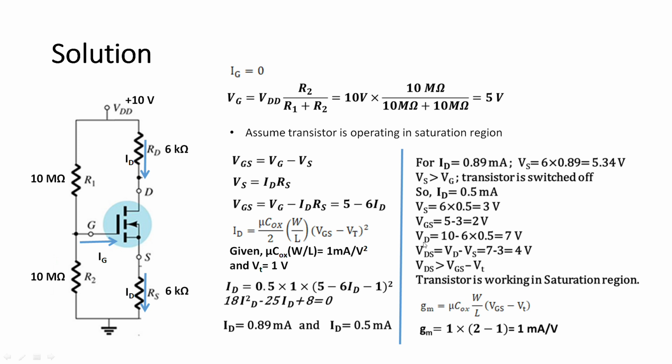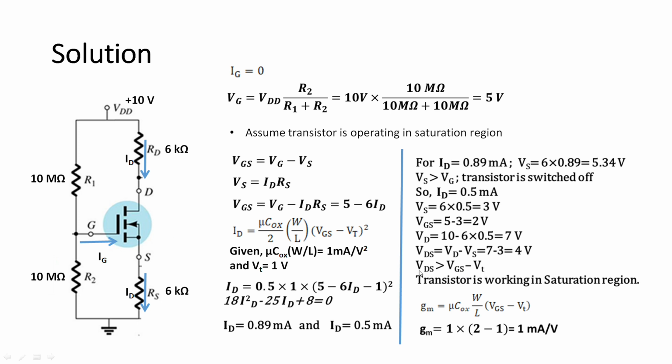Drain potential Vd equals 10 minus, that is VDD minus the potential drop across RD, which becomes 7 volt. So VDS equals Vd minus Vs, which gives 4 volt. Now we know that for the transistor to work in saturation region, VDS should be greater than VGS minus VT.